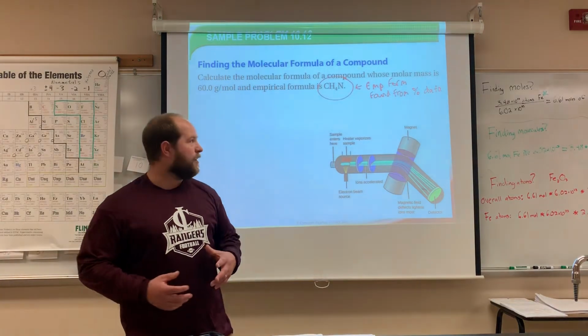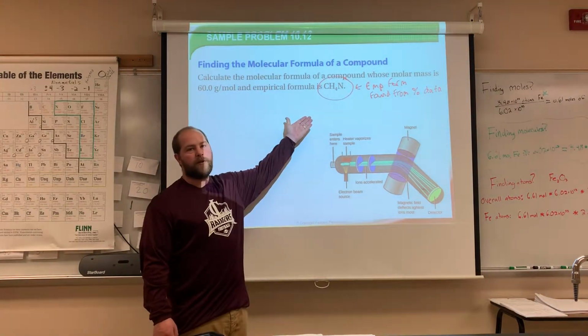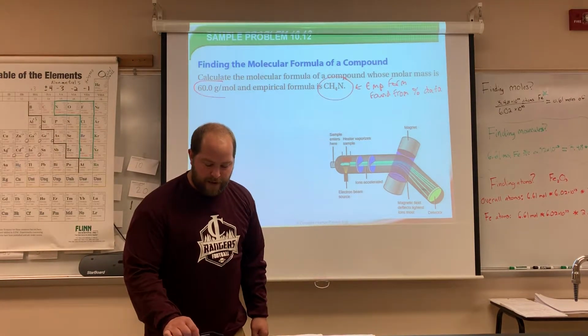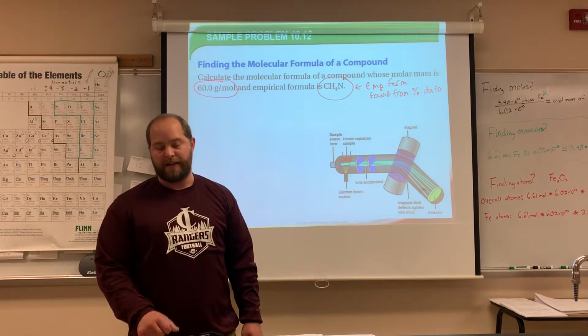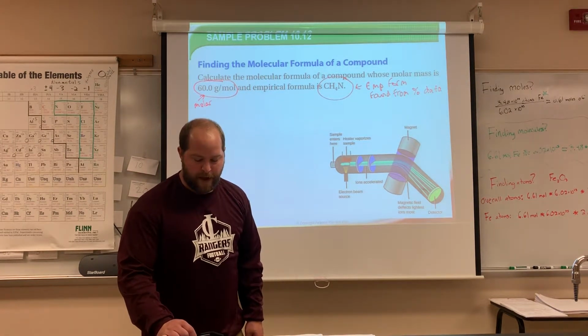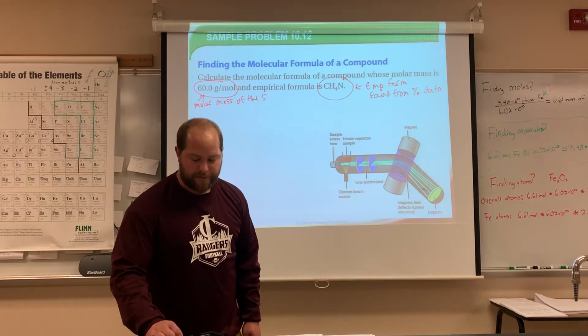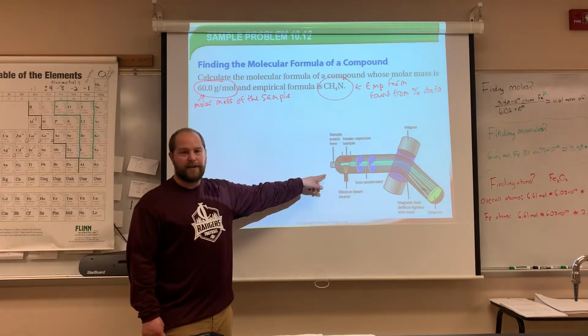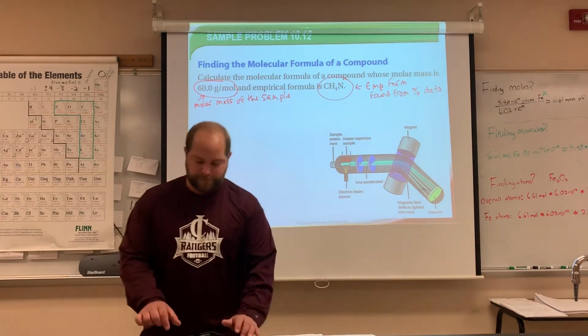So a chemist would figure out percent data, they would get the empirical formula. Then step 2, what they would do is they would figure out the molar mass. So this is the actual molar mass of the sample. And that's found by running it through the mass spectrometer.